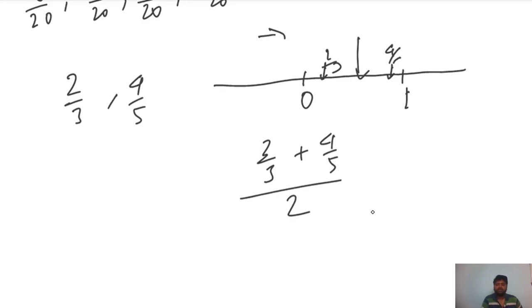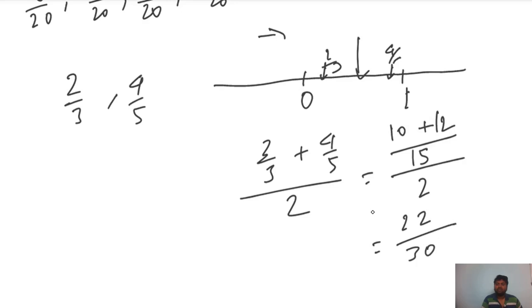First we take the LCM of these two numbers, which is 15, so we get 10 plus 12, that means 22 by 30, that means 11 by 15. Now we find the midpoint of 2 by 3 and 11 by 15, and also of 11 by 15 and 4 by 5. These are the midpoints.